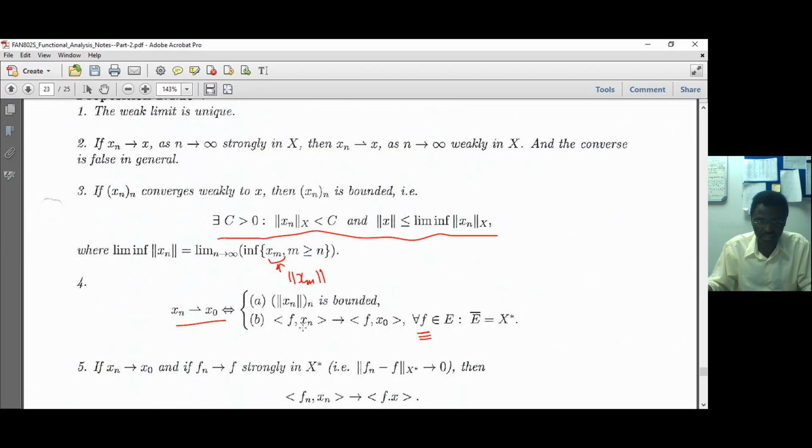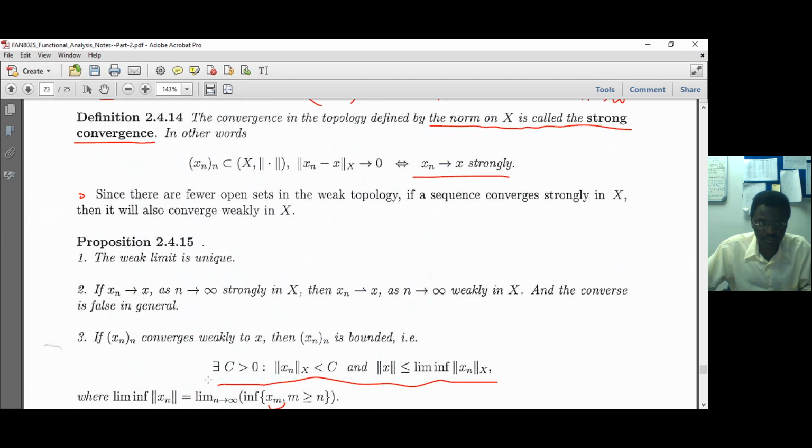Remember, for convergence, we saw that weak convergence just means that you have this for any f in x star. Now, if we want to take it for any f not in x star but in a dense subset of x star, then we will need to add this one on top.